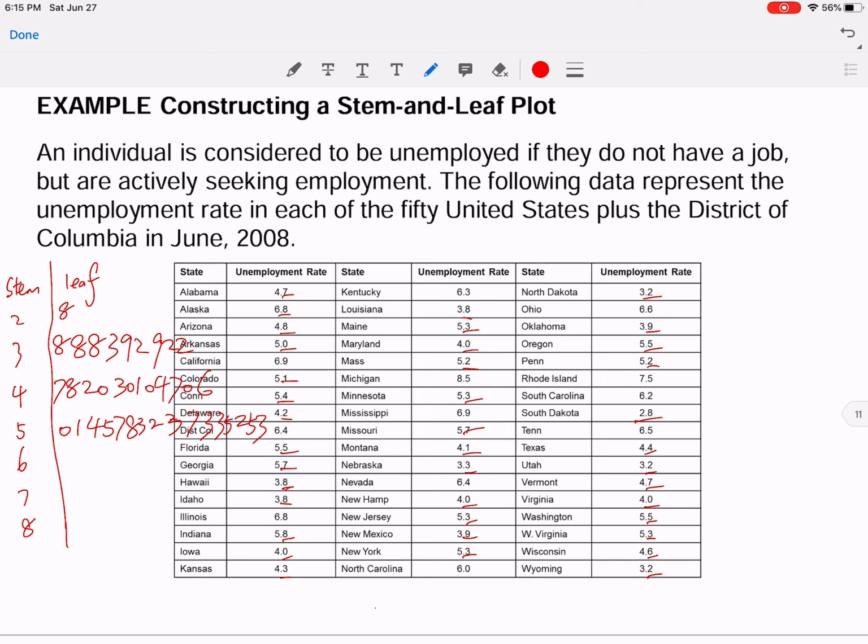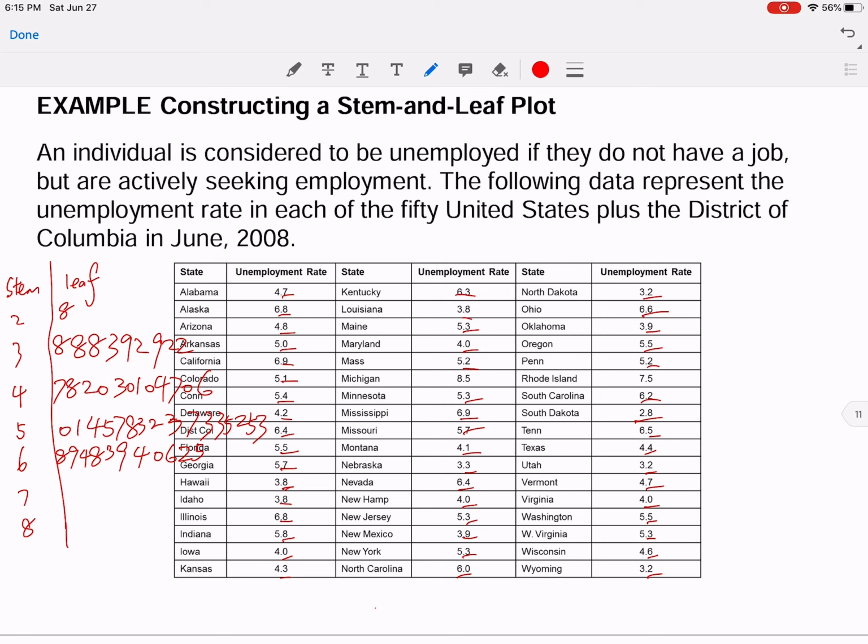Now let's take a look at stem 6. We got 6, got 8, 9, 4, 8, then 3, 9, 4, 0, and then the third column, first one is 6, and then 2, and then 5, and that's it.